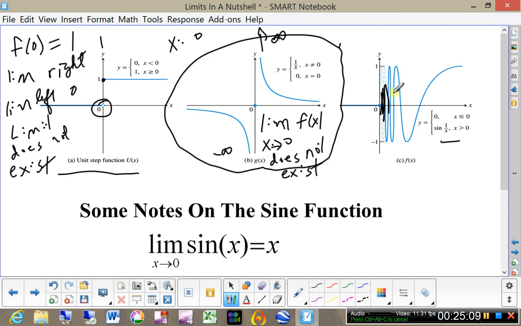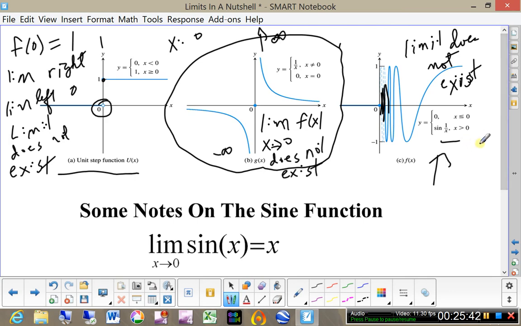If you zoom in, it never settles down, so the limit does not exist. I would recommend that you plug this into your calculator and see for yourself that as you zoom in on x equals 0, the function never settles down.